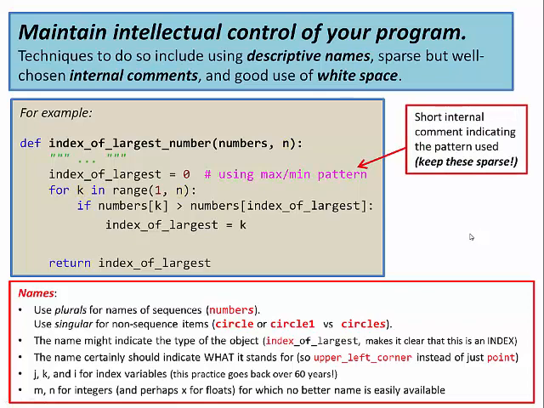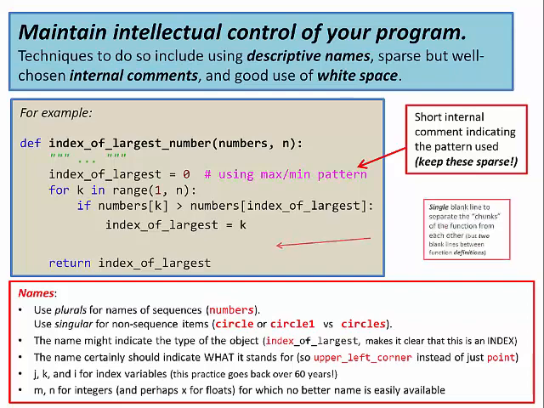Additionally, you should occasionally, not always, not even often, but occasionally have some internal comments that clue you and the reader in to what's going on. So this one is using the traditional max-min pattern, so I put a little comment there saying so. You should not clutter with too many of these. Code should generally be self-documenting, but a little comment, carefully chosen here and there, can help you and others keep intellectual control of your program.